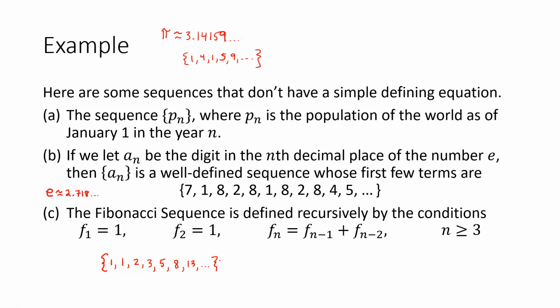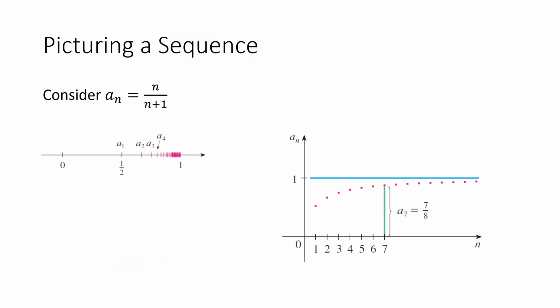In this case, if I want to, for instance, get the 100th term of the sequence, the way we've defined it here, I would have to go through all 99 terms that came before it, and then I would be able to generate the 100th term. So you see that this is recursively defined because it relies on the terms that came before it.